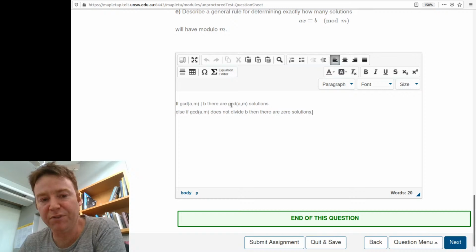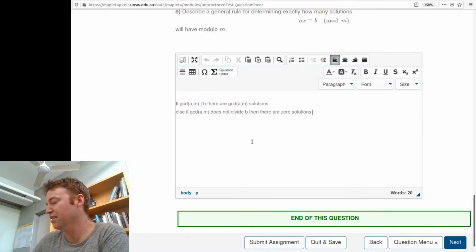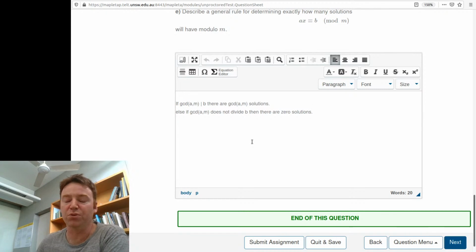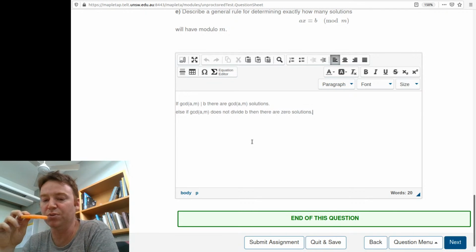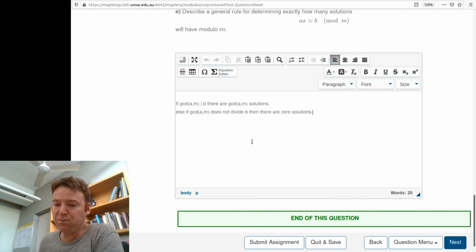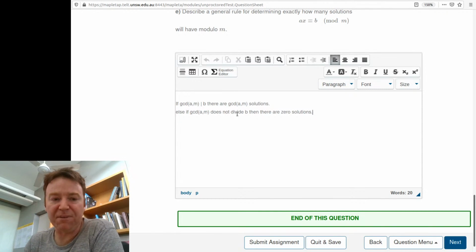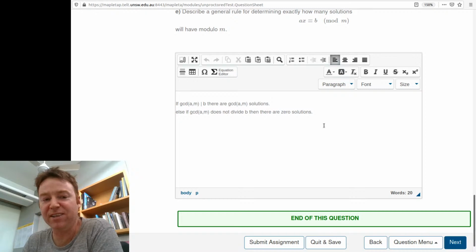And I'm chopping off the particular case where the GCD of A and M is 1, because that's going to have one solution. And the case where GCD of A and M is not 1 but still divides B, that's going to give me multiple solutions. And the third case where GCD of A and M is not 1 and it doesn't divide B, that gives me yet another suite of solutions. So your answer is right there. It might be a bit concise, but that's more or less it.